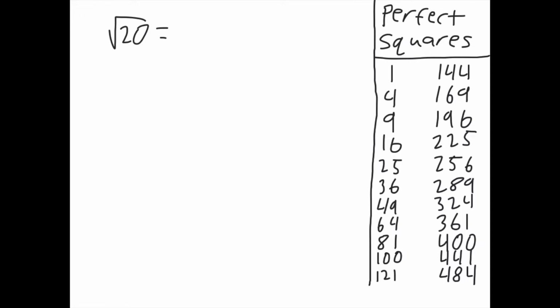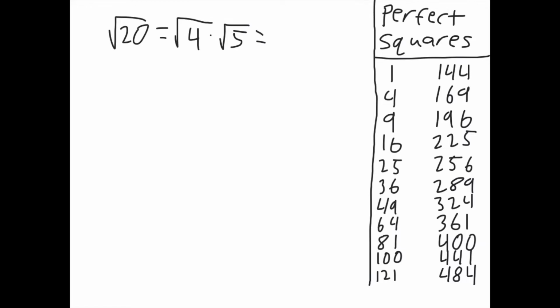So, all we have to do is say we take out 4, still under the square root, so square root of 4. And what is left over when we divide 20 by 4? Well, 20 divided by 4 is 5. So we've got square root of 4 times the square root of 5.